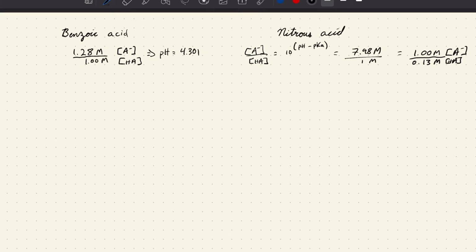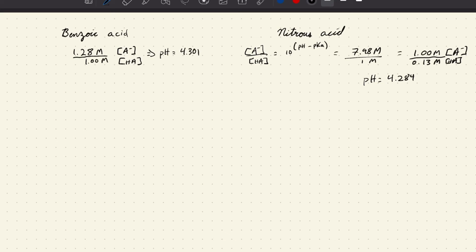Now, if we take the pH of a solution that has 1.00 molar nitrite ion and 0.13 molar nitrous acid, if I find that pH, I will get a pH of 4.284. And I'm just using Henderson-Hasselbalch for that.